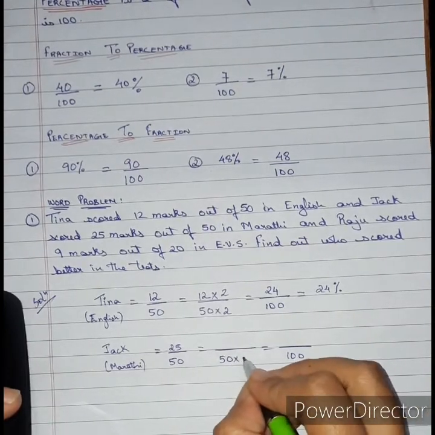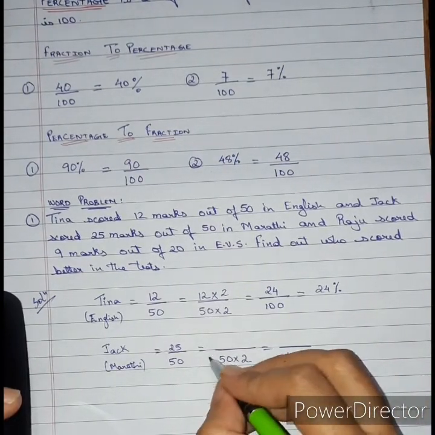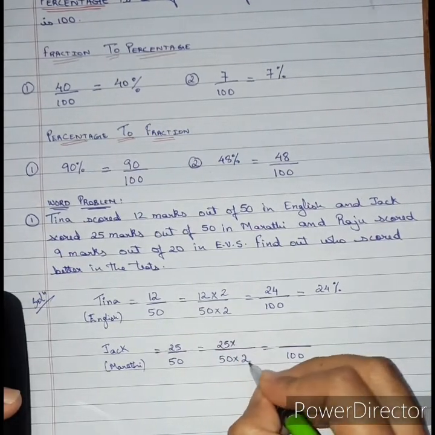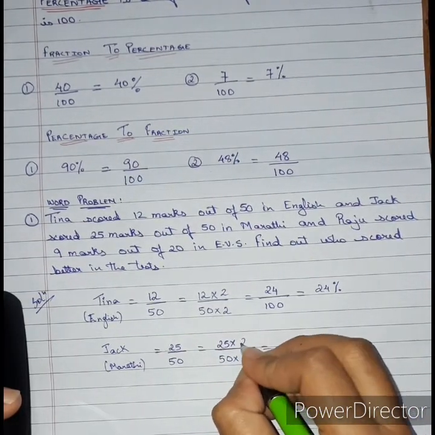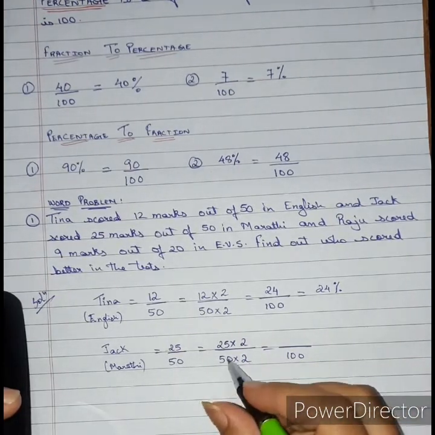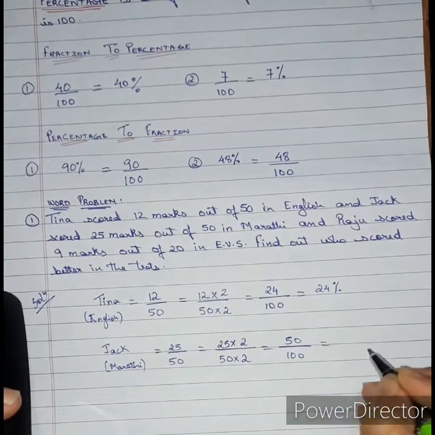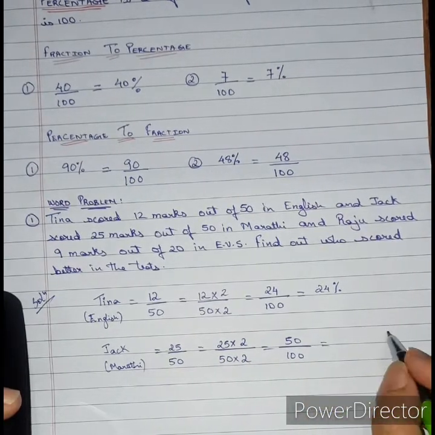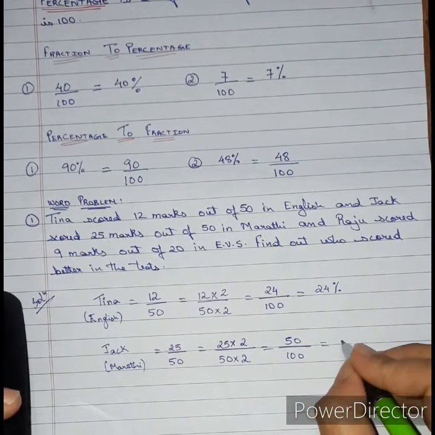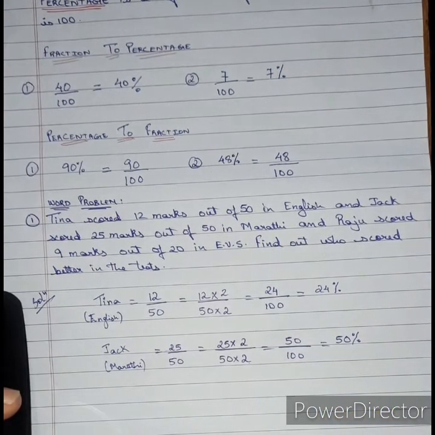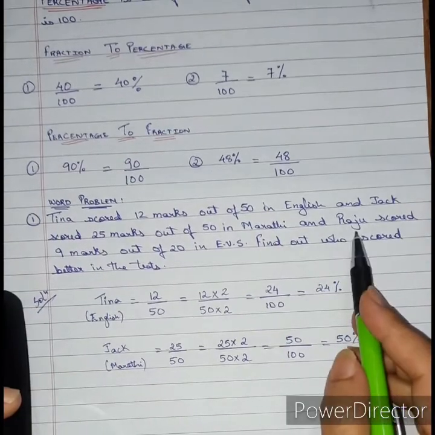So same number 50 into 2 it will come, and 25 is already there on top. To balance it out, we take the same number on top. So 25 into 2. If you multiply 25 into 2, we get 50. So 50 upon 100 directly convert to percentage. So it will be 50%. Okay, let's go for the third one. That is the last one of Raju's score.